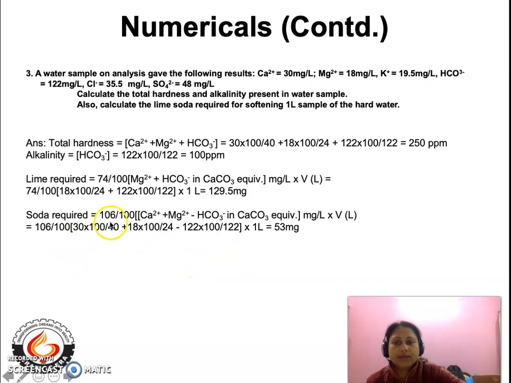So the soda required is 106, that is the molecular weight of soda is 106 divided by 100, and this you have to convert into calcium carbonate equivalent and into the volume of the treated water, that is 1 liter. So you calculate and you find that the answer is 53 milligrams. So this is all about your numericals. You must be knowing how to solve the numericals.